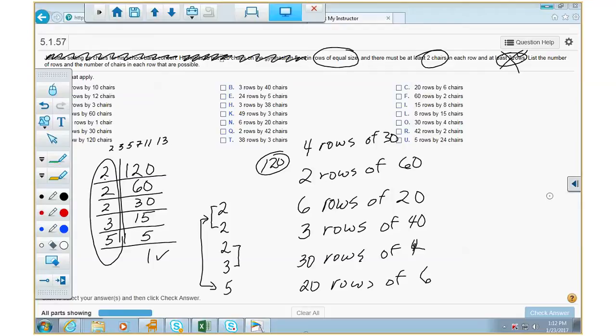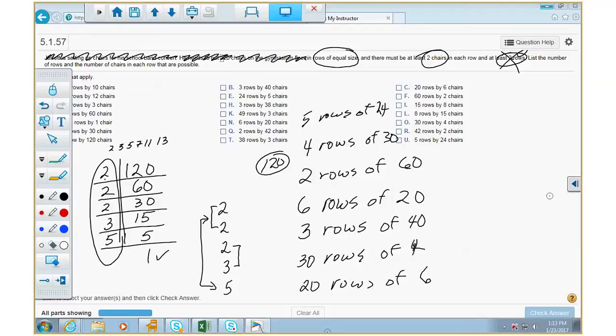I see what you're saying now. 5 rows of, yeah, 5 rows of 24. Check my math. Hold on. I don't think I did that right. 5 rows of 20 would be 100.